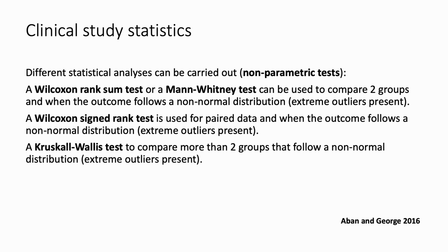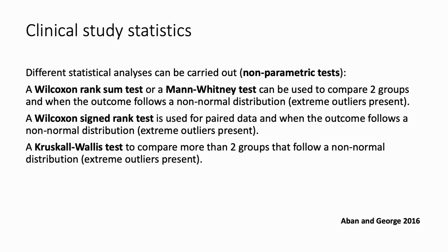Now, a Wilcoxon signed rank test is used for paired data and when the outcome follows a non-normal distribution. That's what I mentioned. Now you can also have a Kruskal-Wallis test. This is to compare more than two groups that follow a non-normal distribution. Of course, extreme outliers present.